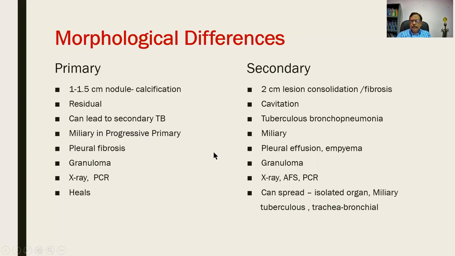And there can be a pleural fibrosis, effusion, or an empyema. Granuloma classically is seen in both. And the investigations are more or less common. Sputum will be positive in the case of secondary tuberculosis. And it can spread to other organs. Please remember these differences. It will fetch you marks.